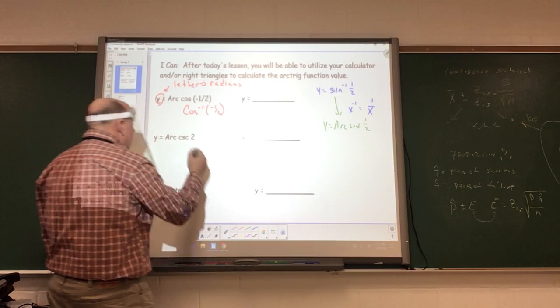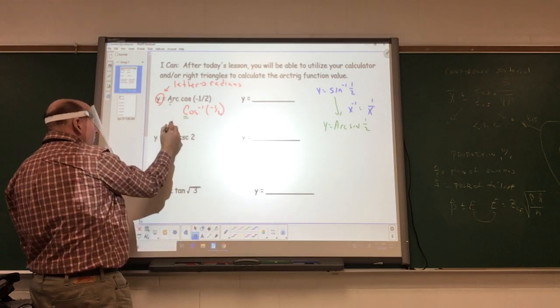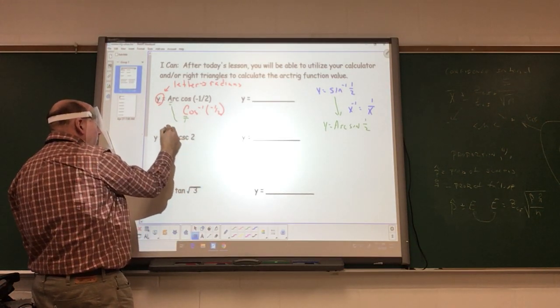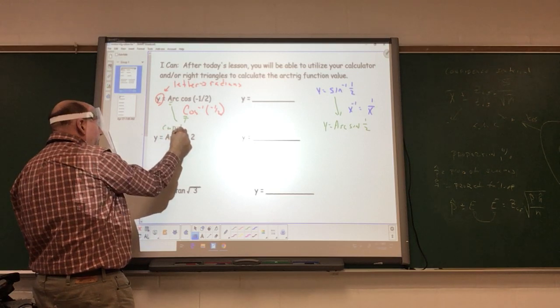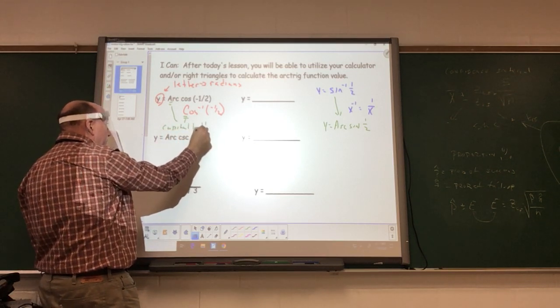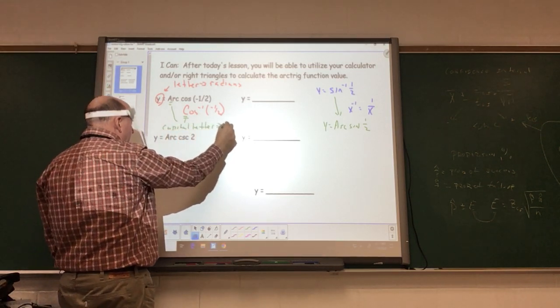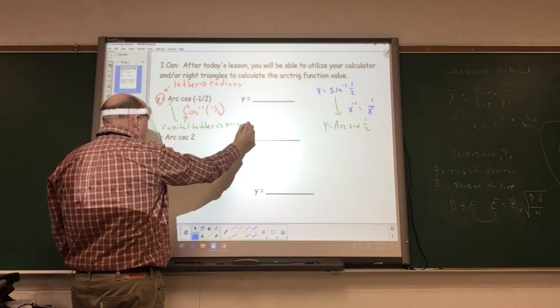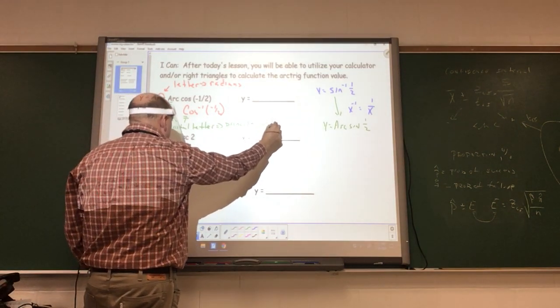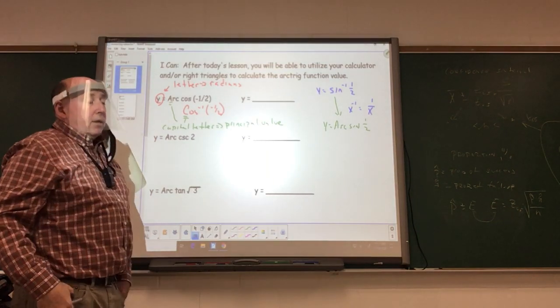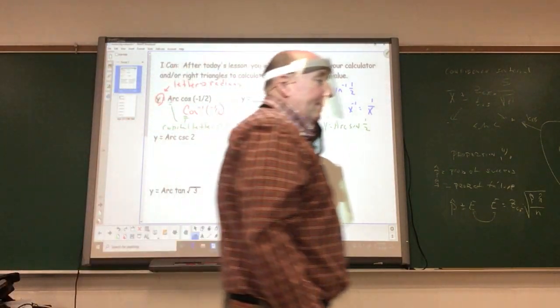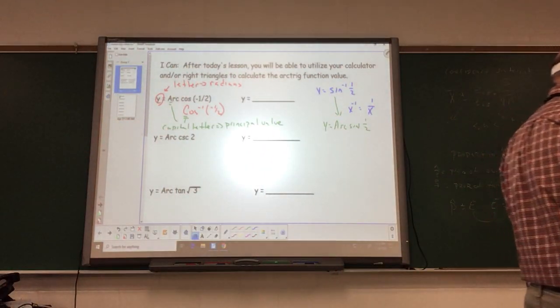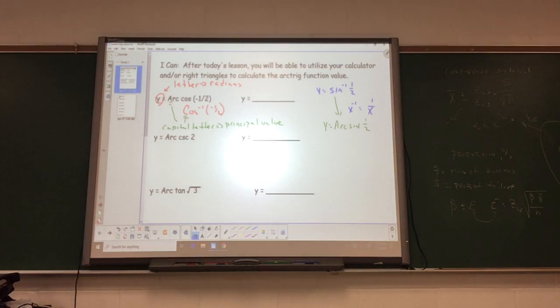When I see this is a capital letter, this tells me to calculate a principal value. So this is where, once again, we start to bend the rules a little bit.